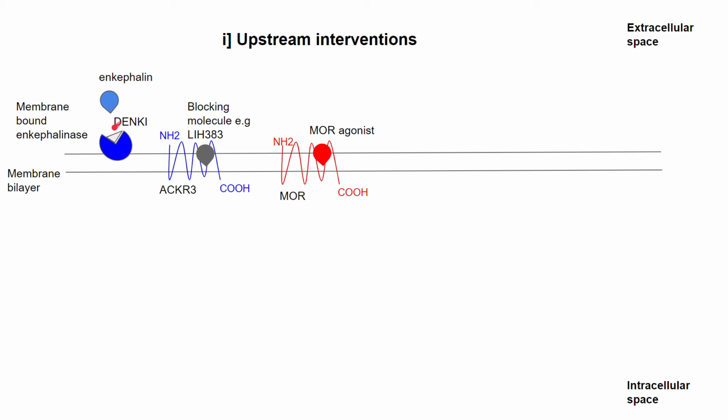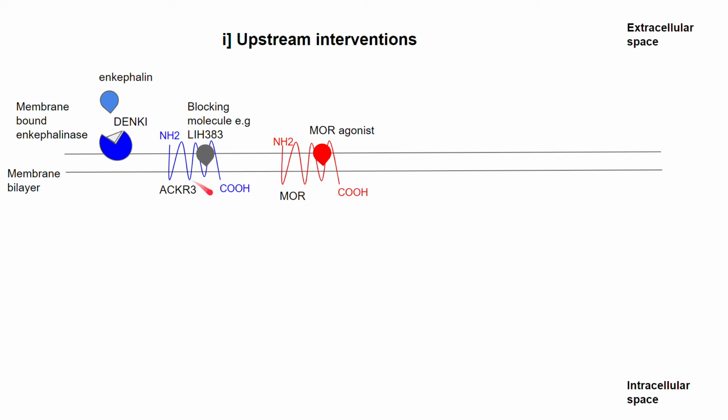So DENKIs are any molecules which modulate or inhibit enkephalinases, and enkephalinases are enzymes which break down enkephalins, which are an endogenous opioid agonist. So by blocking these enkephalinases, you have more intact enkephalin, which can bind to your mu-opioid receptor and produce analgesia, which is what we want.